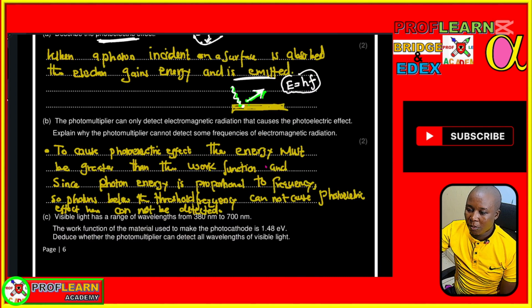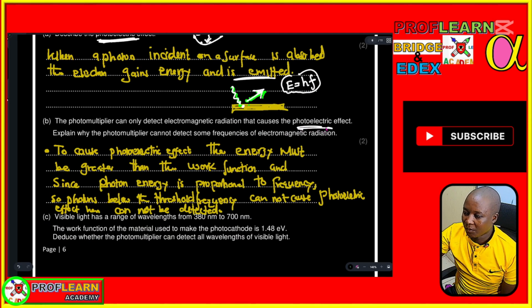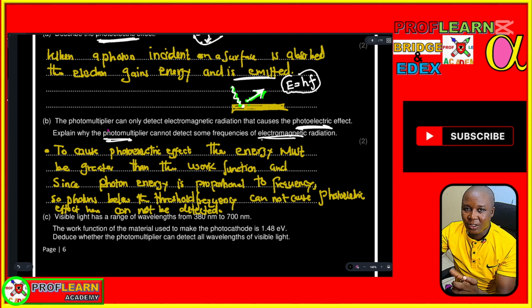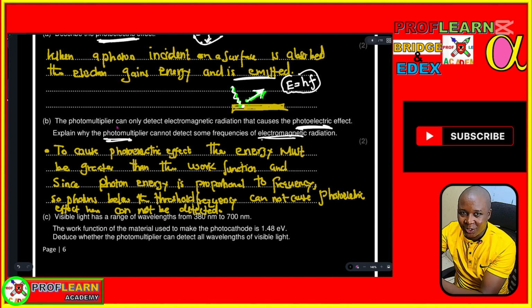The photomultiplier can only detect electromagnetic radiation that causes the photoelectric effect. Explain why a photomultiplier cannot detect some frequencies of electromagnetic radiation. A photomultiplier only detects when the photoelectric effect has occurred.